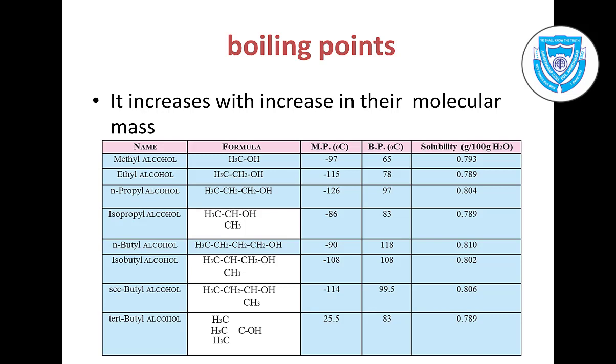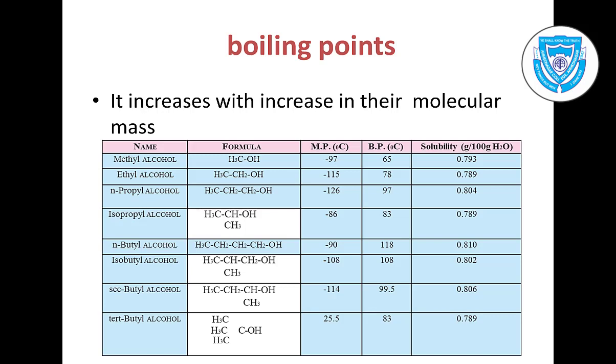On the other hand, if you consider secondary butyl alcohol, you have a side chain over here. You have a branch in this structure. So what happens when branching increases? The boiling point decreases. If you consider propyl alcohol, the boiling point is 97.